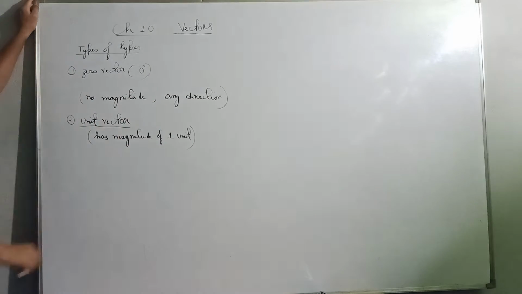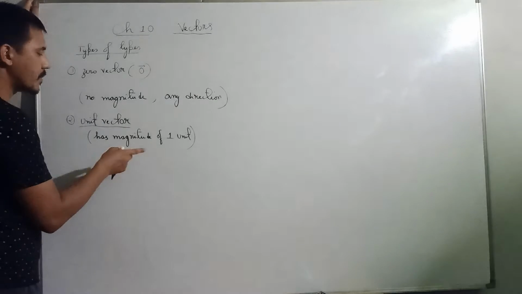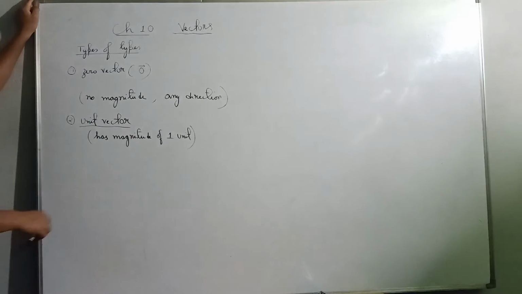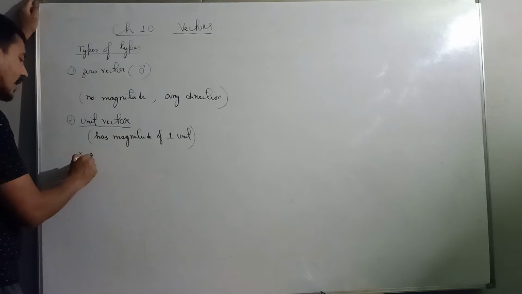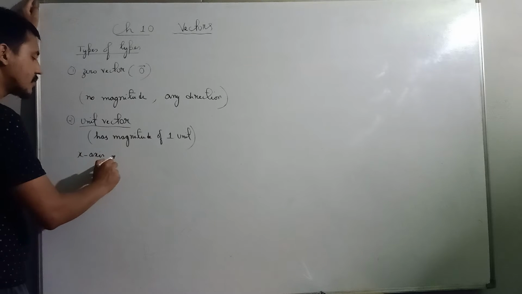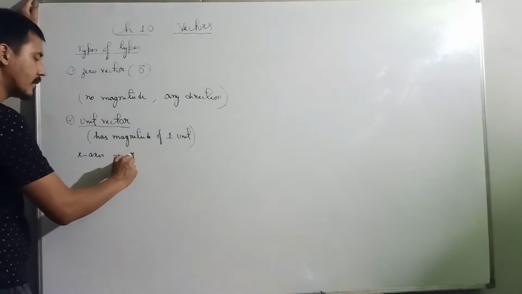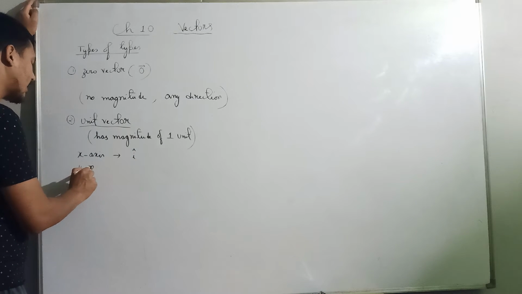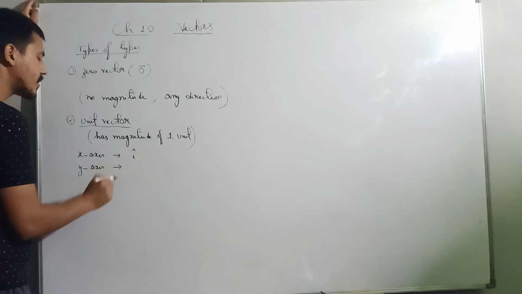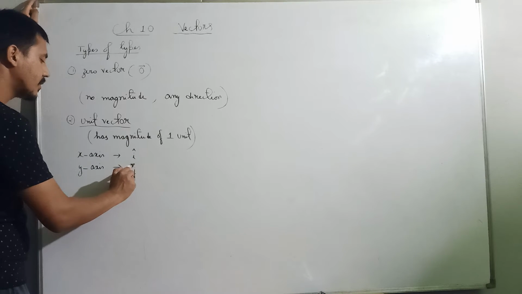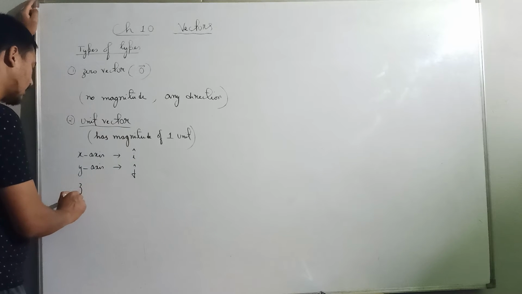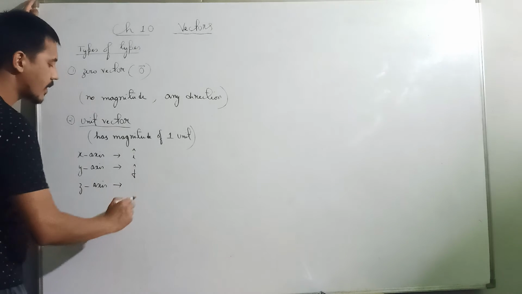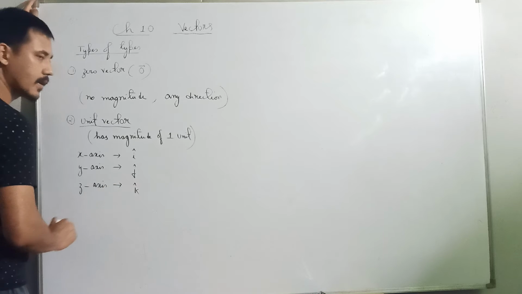So a unit vector is a vector of magnitude 1, and we use it to specify the direction. The direction of the x-axis is represented by the unit vector i cap, the direction of the y-axis by the unit vector j cap, and the direction of the z-axis by the unit vector k cap.